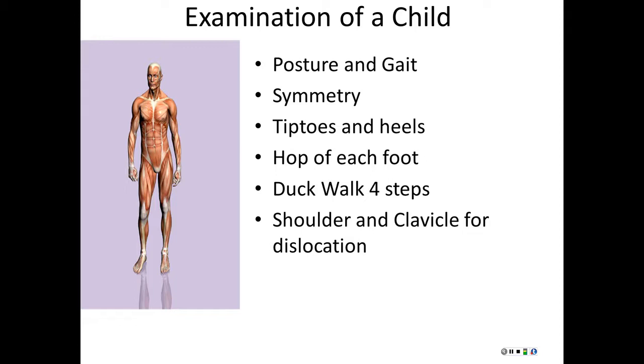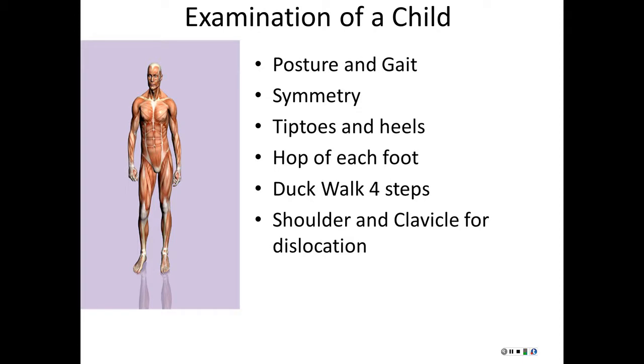When I do this on my school physicals or sports physicals, you have to have them walk across the room, not just 1 or 2 steps, but you want to see them walk all the way across the room. And if I'm doing a sports team, I will make them walk the width of the gym, not the length of the gym, but the width of the gym.